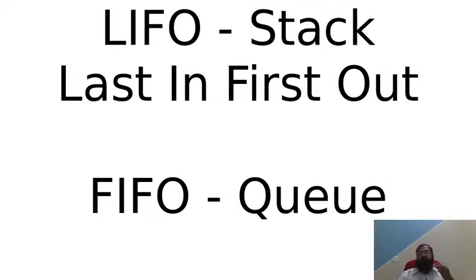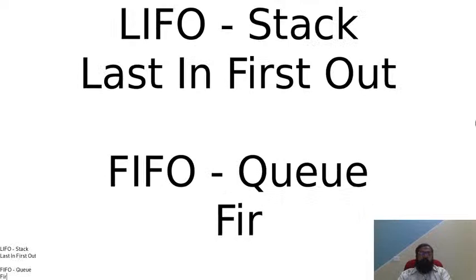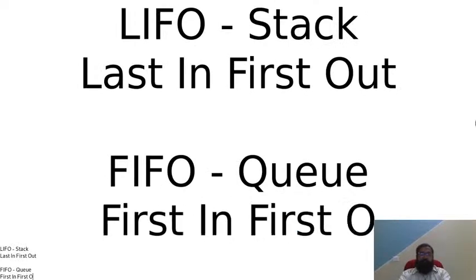It is first in first out, which means the first person who went there was the first person who got processed, then the second person, then the third person, and then finally your bill was paid. So that is first in, first out.